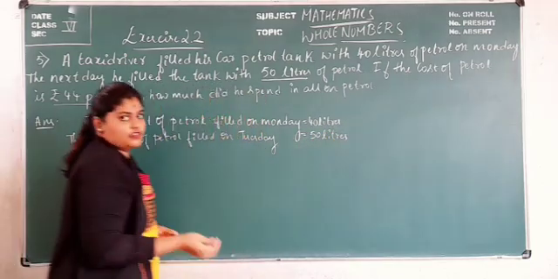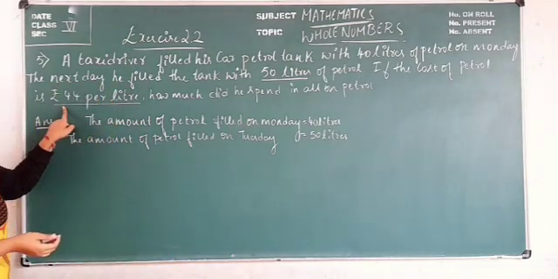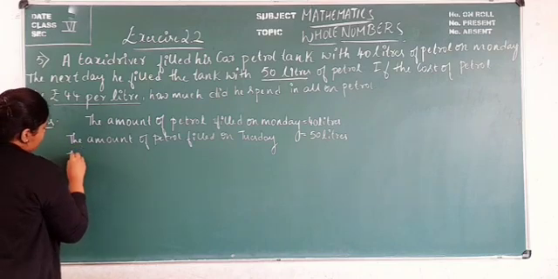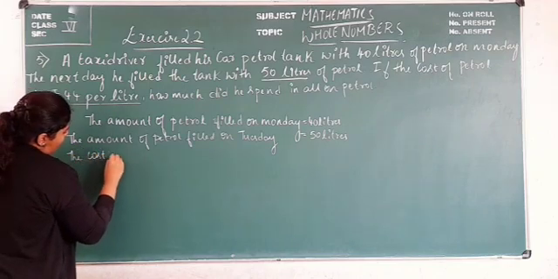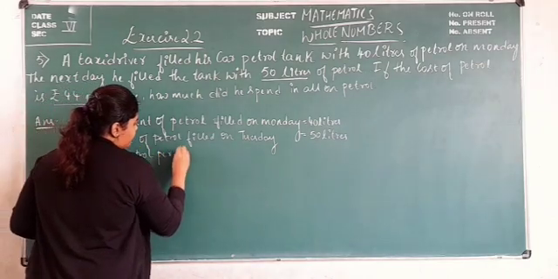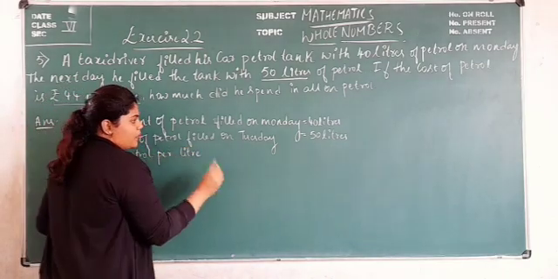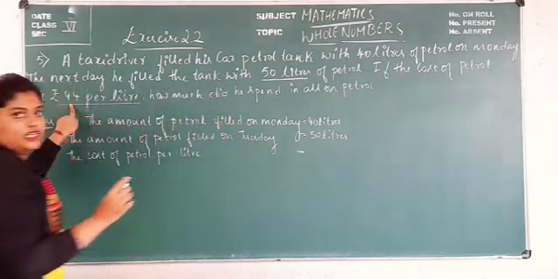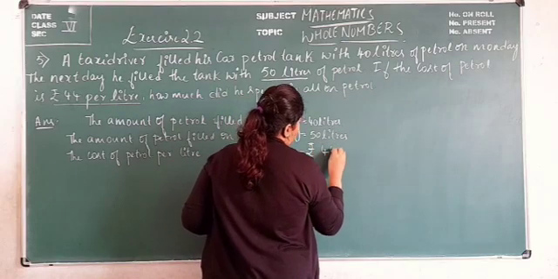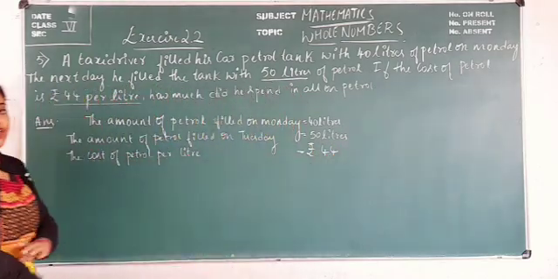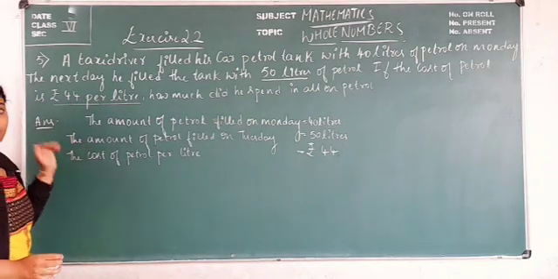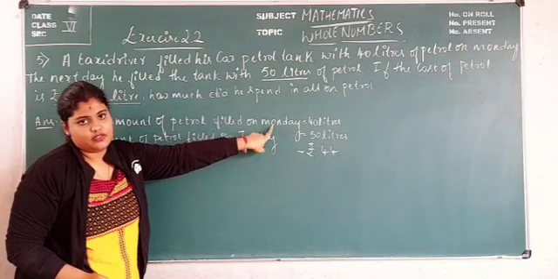And what else is given? Yes, the cost of petrol per liter is equal to rupees 44. So we have to find out the total amount spent on petrol on both these days, that is on Monday and Tuesday.